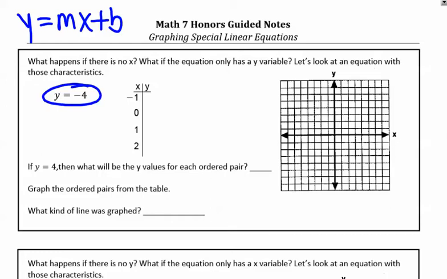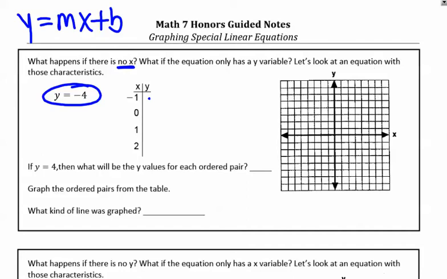So if you notice, this is y equals negative 4, we don't see x anywhere. What it's saying is that y always equals negative 4, no matter what. Y is always negative 4.